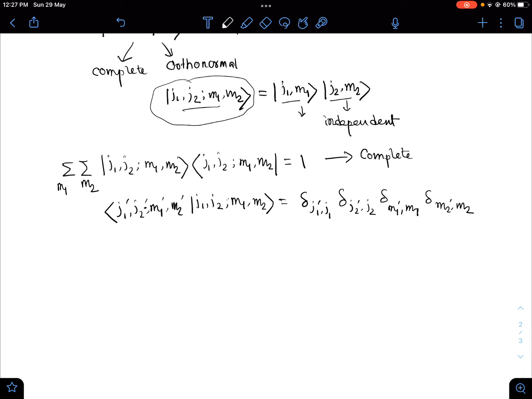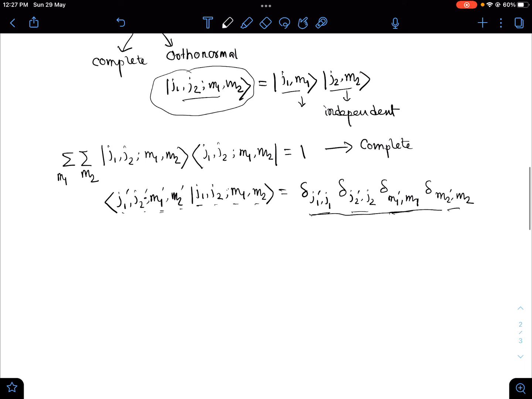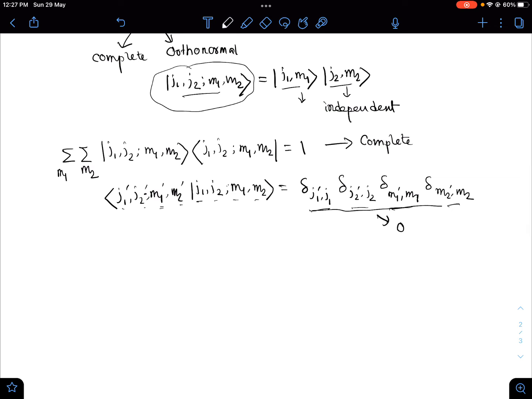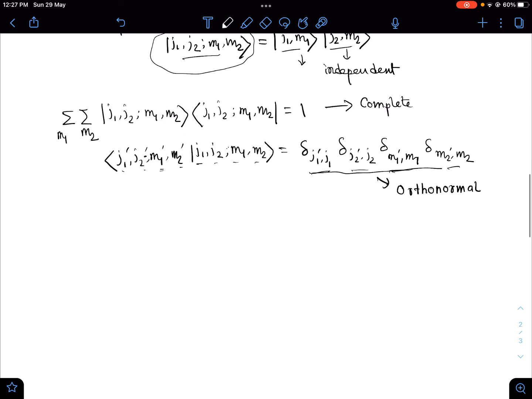So if the quantum numbers are not all the same, if at least one is different, the delta function will make it 0. So this is our orthonormality condition. We have to show these two, so let us proceed with the first one.